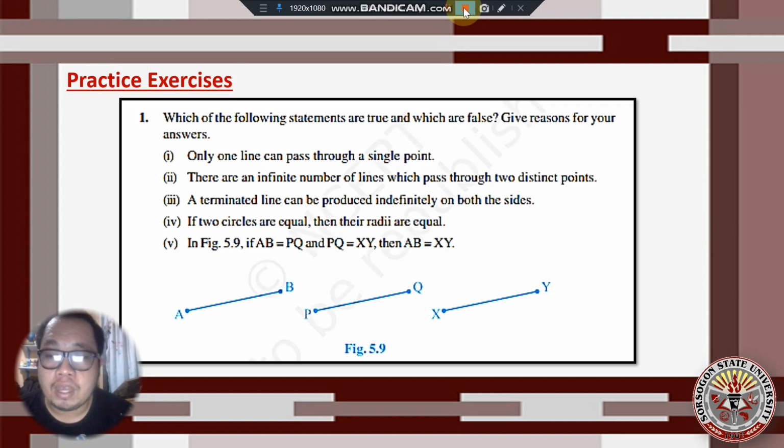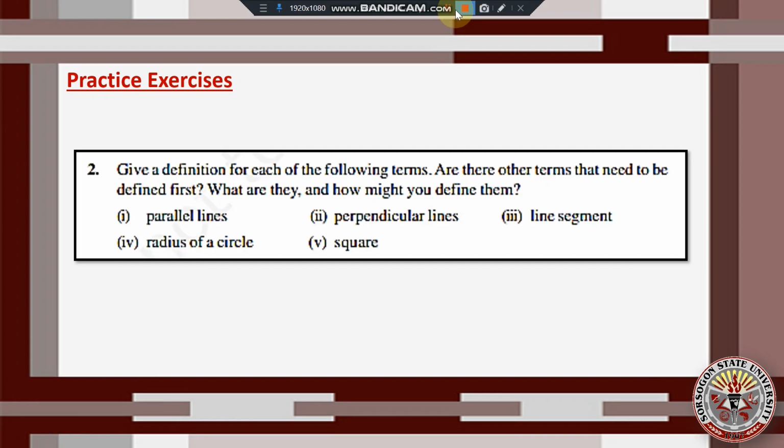Okay, so at this juncture we are done discussing Euclid's 5 postulates. So let's have some practice exercises. For number 1, which of the following statements are true and which are false? Then give the reasons for your answers. We have here 5 statements in which we're going to identify whether it is true or false.